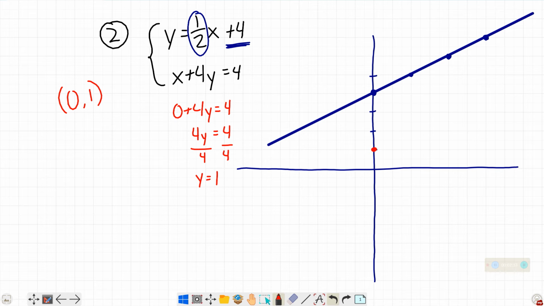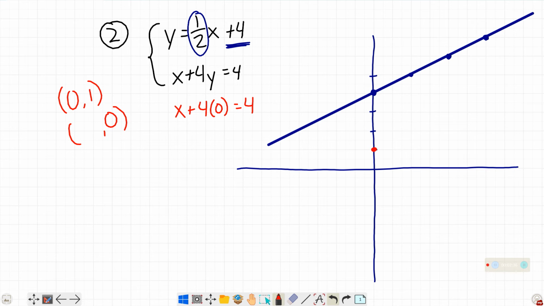And now I'm going to do the same thing, but instead of 0 for the x, I'm going to put 0 in the y's position. All right, so x plus 4 times 0, because I'm replacing the y with a 0.